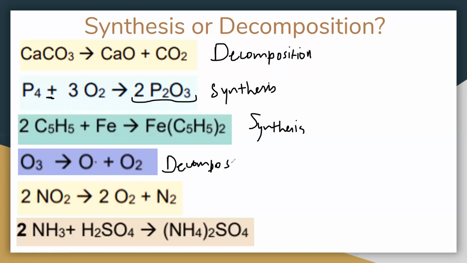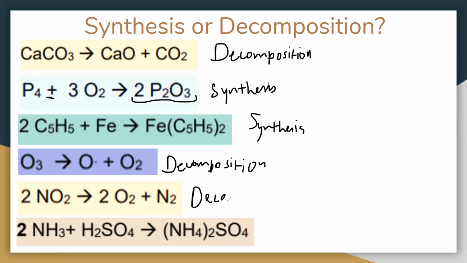Okay, next one. So nitrous oxide breaks down into 2 oxygen atoms plus nitrogen gas. What would we say for that? So we've got 2 nitrous oxide breaking down into 2 oxygen and 1 nitrogen gas. Would that be decomposition or synthesis? Yeah, decomposition, excellent.